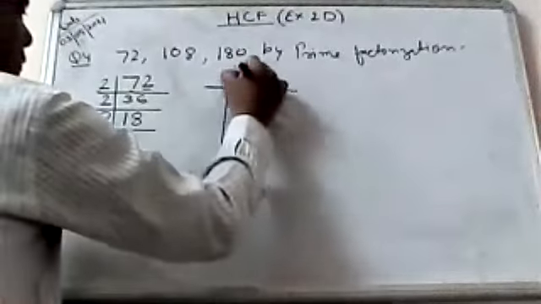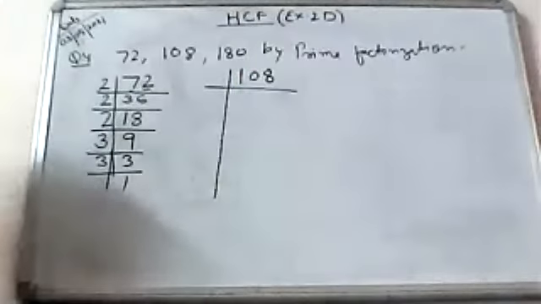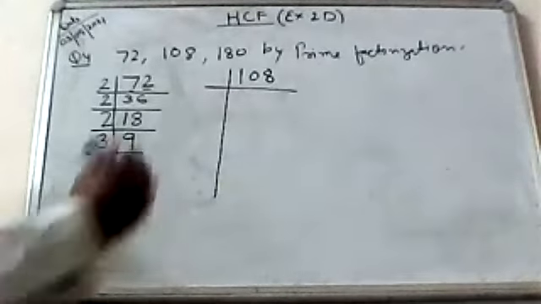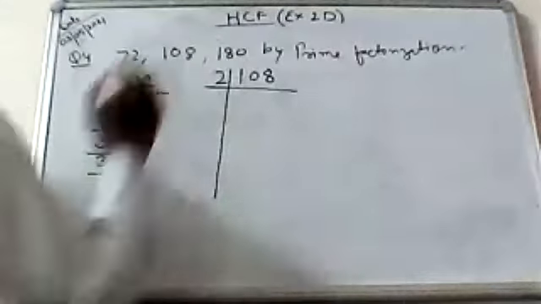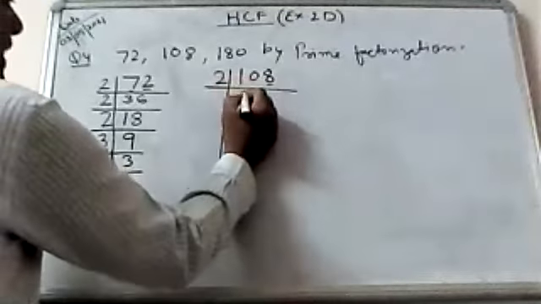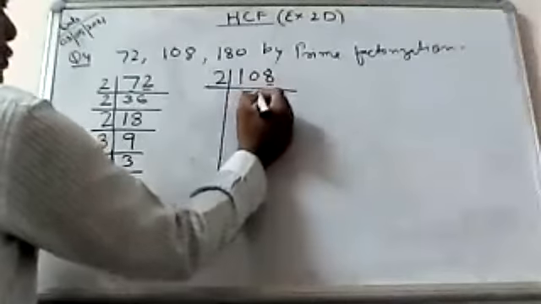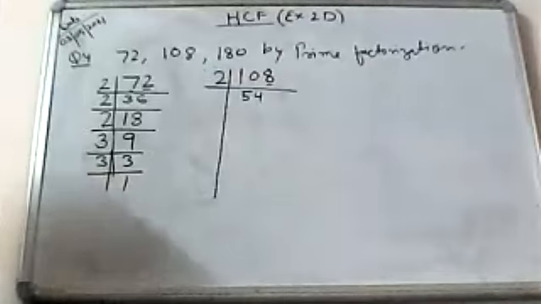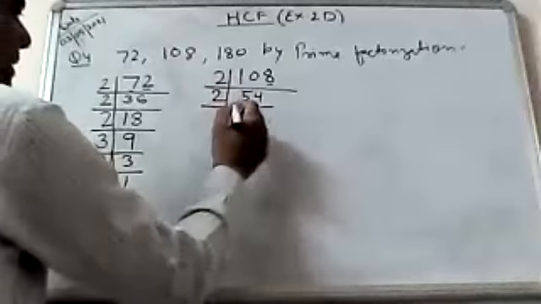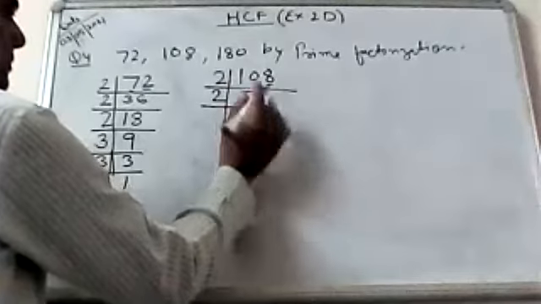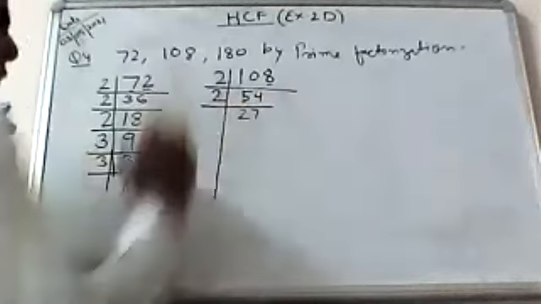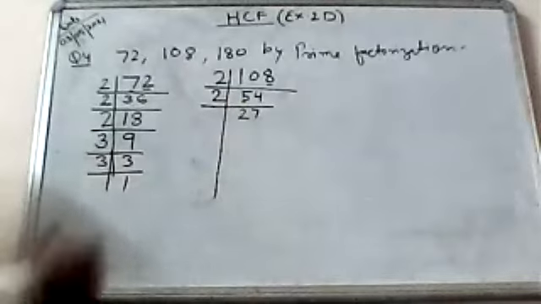Now look at the prime factors of 108. We can divide by 2, because the last digit is 8. 2 5 ja 10 and 2 4 ja 8, like that. Again we can divide this by 2. 2 2 ja 4, 1 is remaining, so 14, 2 7 ja 14, like that.